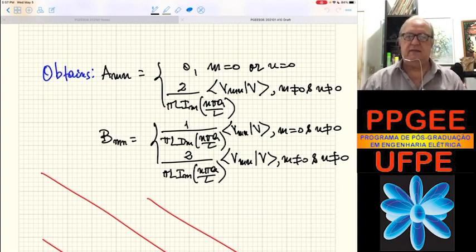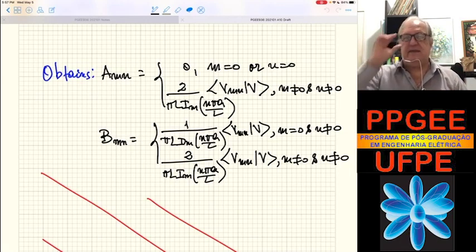Well, we have another powerful device now, which is the Fourier-Bessel integral.